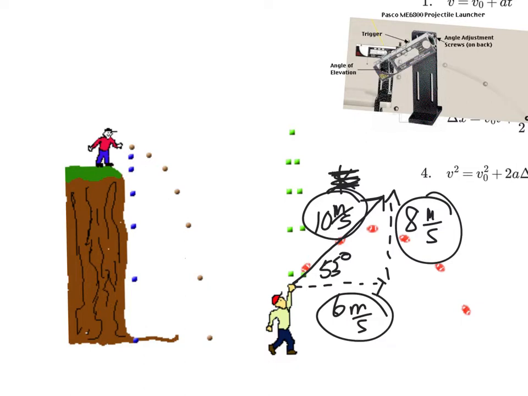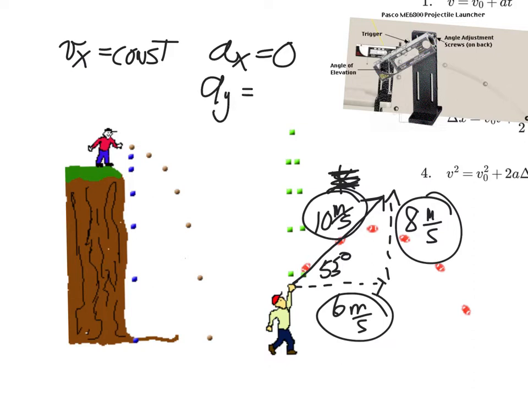And you must remind yourself again and again, this is a common mistake, that the velocity in the x direction is constant. There is no force or acceleration in the x direction. And in the y direction, the acceleration is always a negative 9.80.